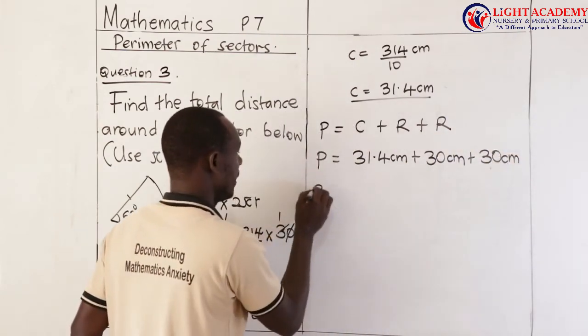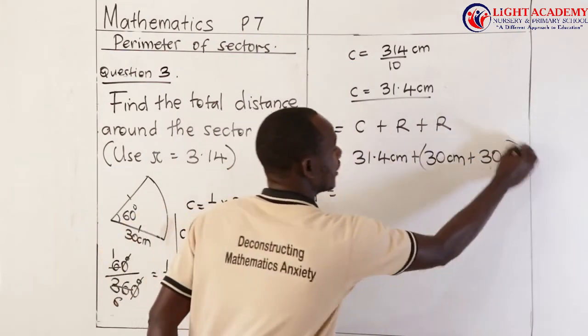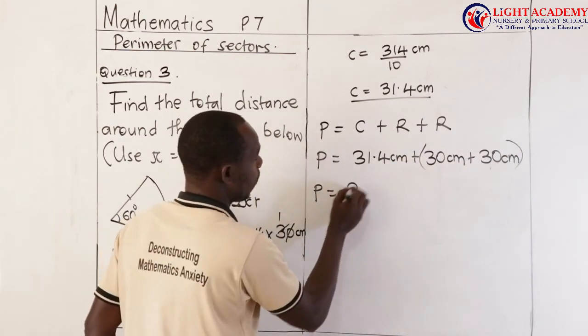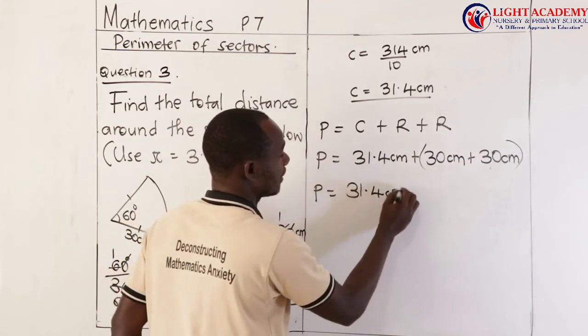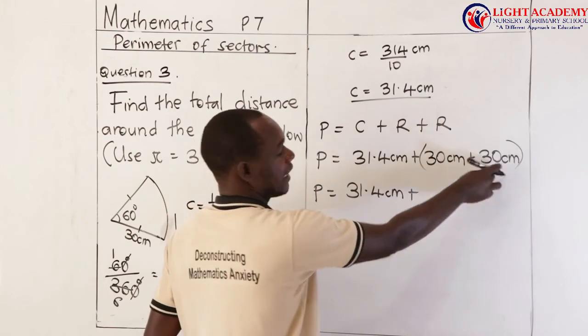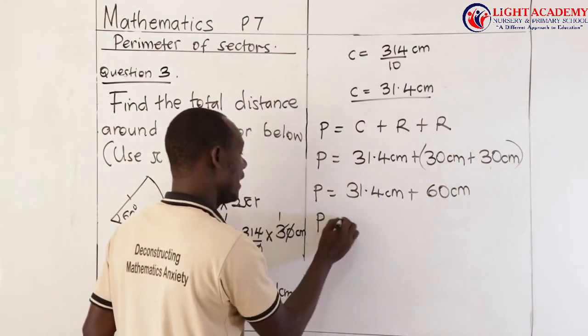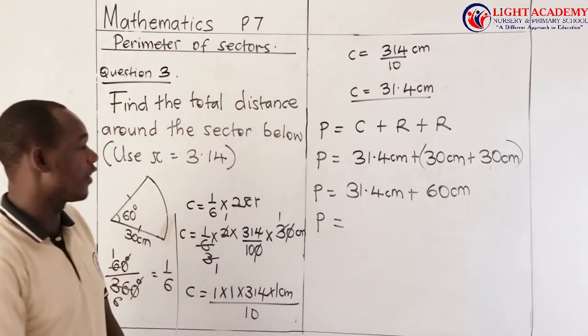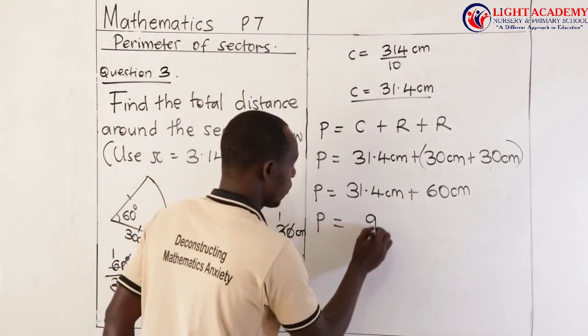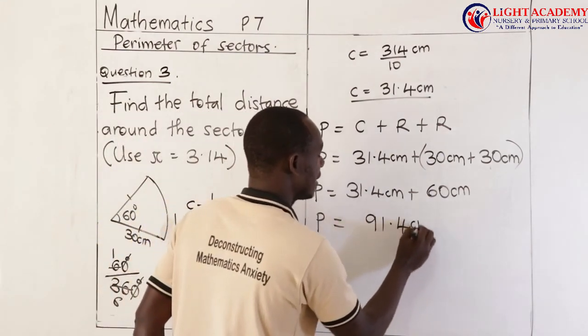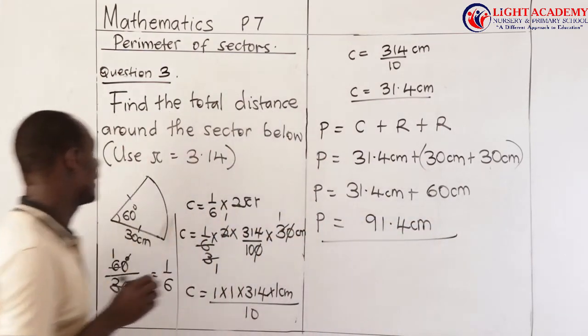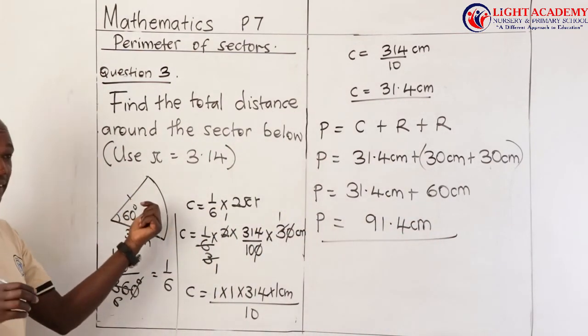If I add the other two, 30 plus 30, you get 60 centimeters. And your perimeter will be equal to 60 plus 31.4, you get 91.4 centimeters as the distance around this sector.